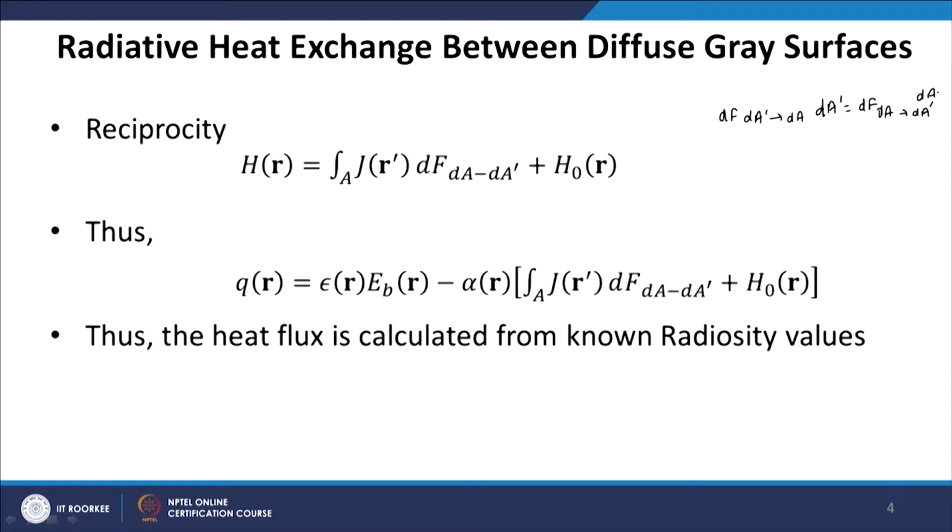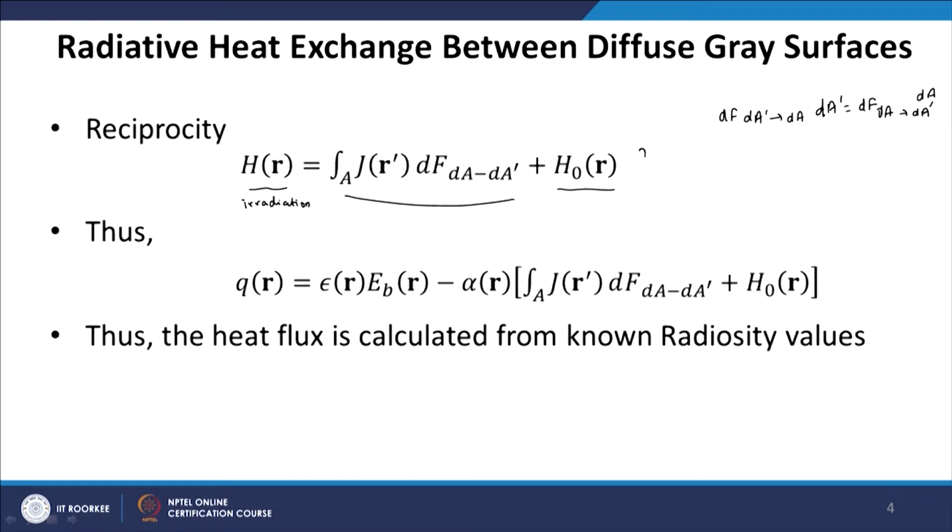So, we substitute in this equation and we cancel out dA from both the sides. So, we get the expression for irradiation at the location of the small element dA: radiosity integrated over the entire surface multiplied by the small view factor, plus outside irradiation, okay.